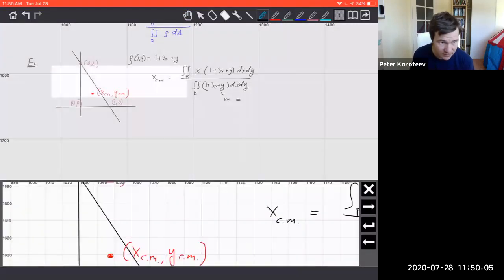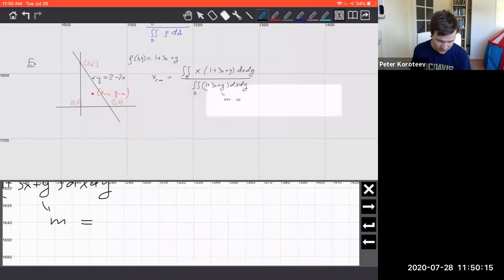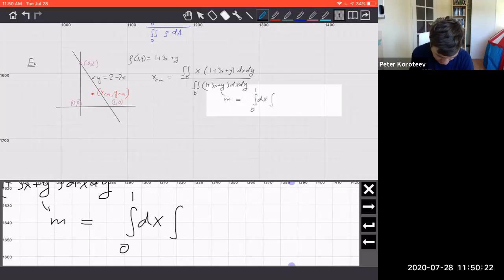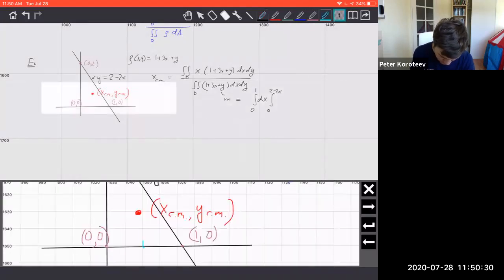The equation for this line is y equals 2 minus 2x, and say we're doing the vertical slicing, so it's the integral over x from 0 to 1, and then the integral over y from 0 to 2 minus 2x, because that's where it changes.